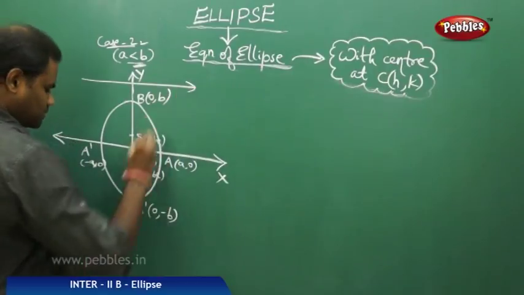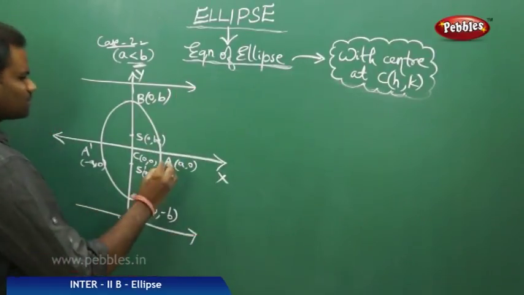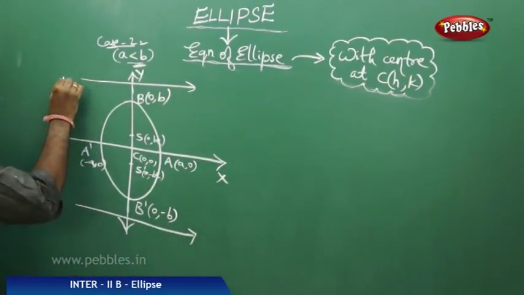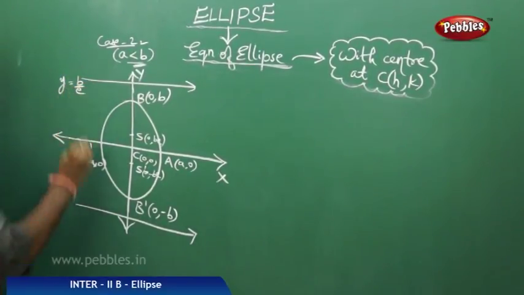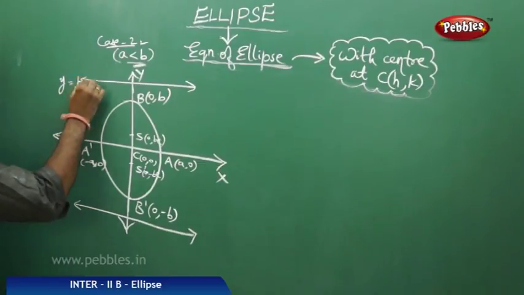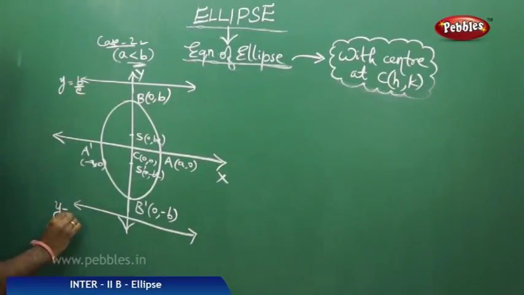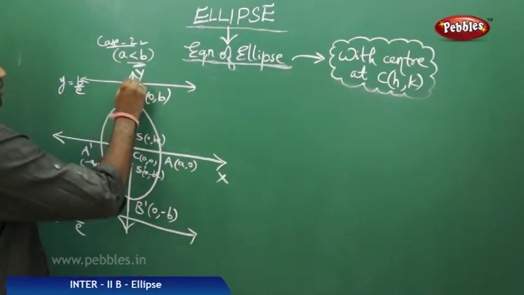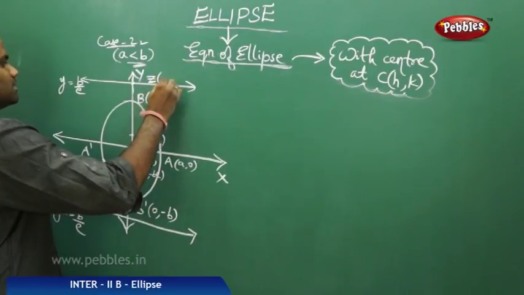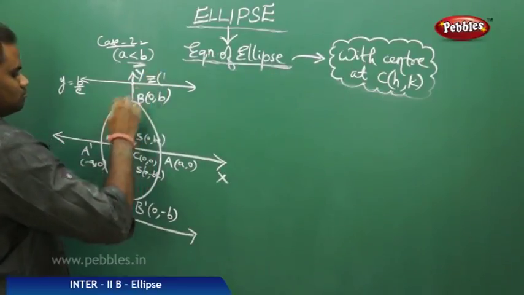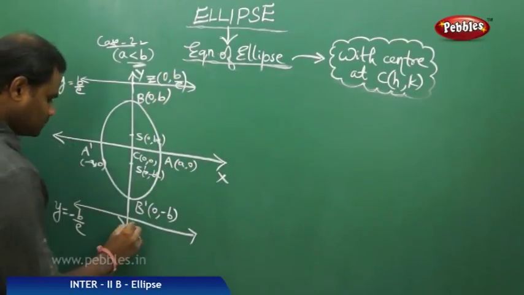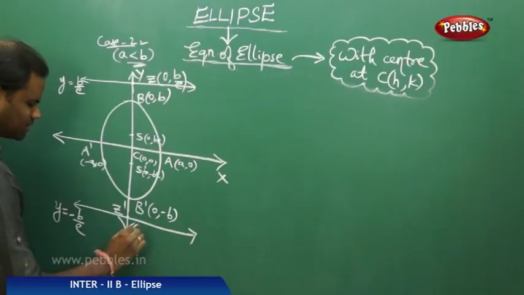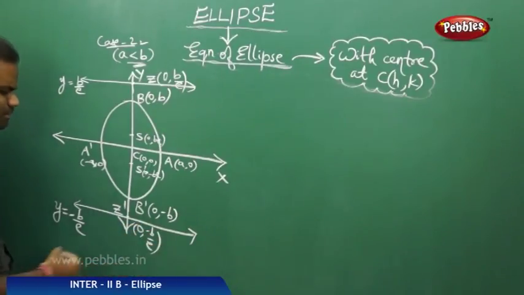I have the directrices which are given by the equations y equals b by e and y equals minus b by e, so that my Z is (0, b by e) and my Z dash is (0, minus b by e).